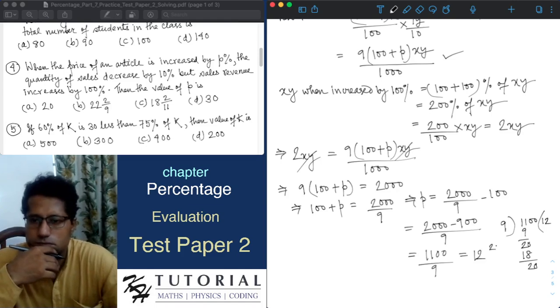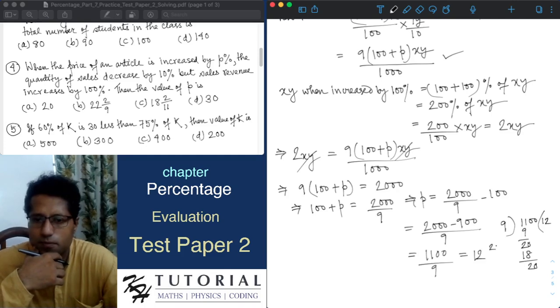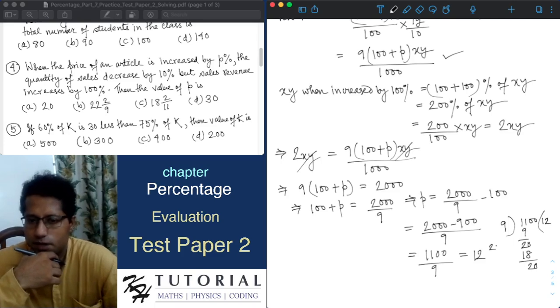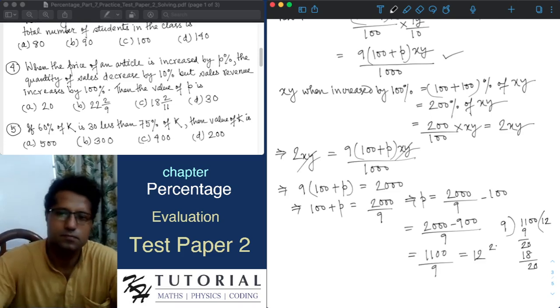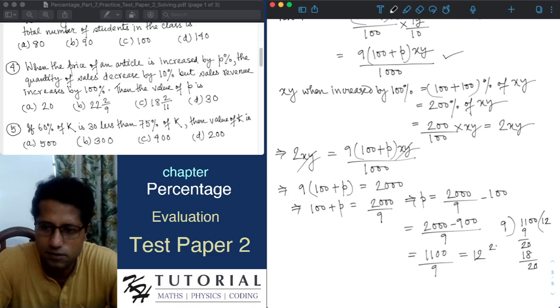From here we cancel out xy and we get 9 into 100 plus p equals 2000. From here we get 100 plus p equals 2000 by 9. This implies p equals 2000 by 9 minus 100, which is 2000 minus 900 by 9, which is 1100 by 9.